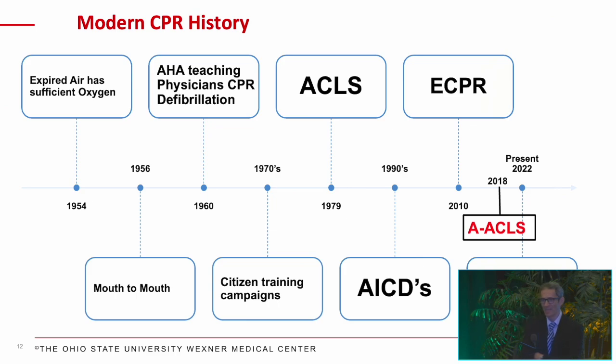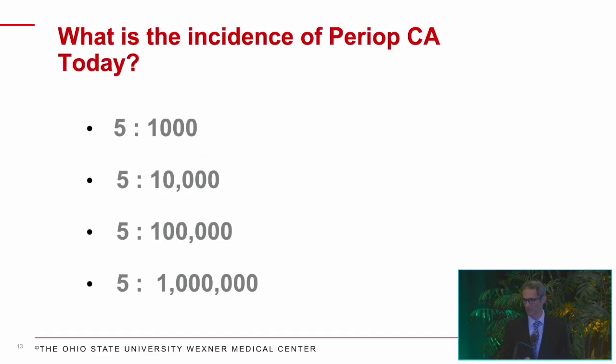And in 2018, some articles were published in Anesthesia and Analgesia talking about ACLS for anesthesiologists, describing algorithms and guidelines for situations where anesthesiologists resuscitate in the OR and how to better resuscitate somebody from trauma, high spinal, local anesthetic toxicity, as we talked about, and other things that we encounter. PEARLS is very recent, offered since 2022.